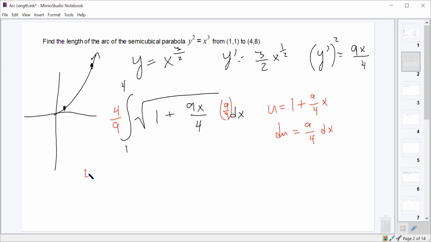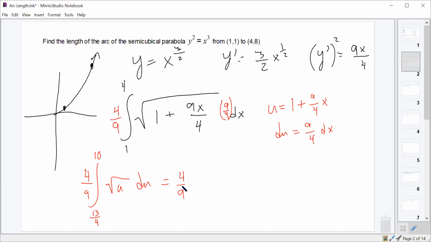And we should be able to rewrite this as 4/9 of the integral of root u du. If we plug 1 into our u value here, what do we end up with? Should end up with 13/4. And if we plug in a 4, we should end up with 10. Everybody good with that?